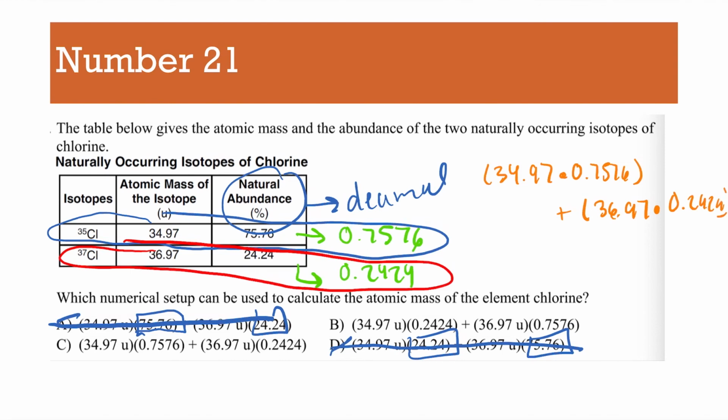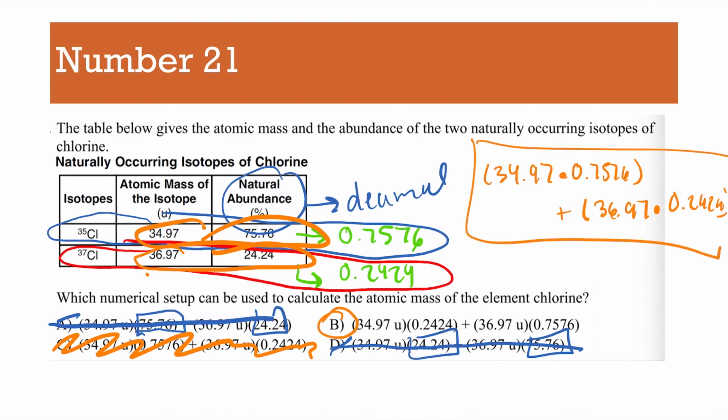And the only answer that matches both of them up is choice B. So B keeps this with this and that with that. What choice D did, they tried flip-flopping and making it look correct, but it's actually not. So whenever you have these types of questions, it is a good idea to go ahead and write it down yourself and then see if your answer matches any of the other answers.